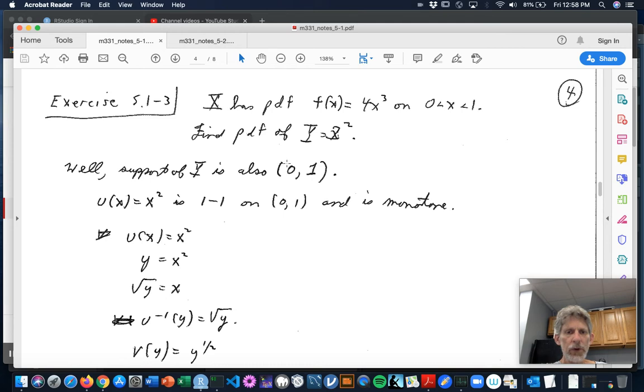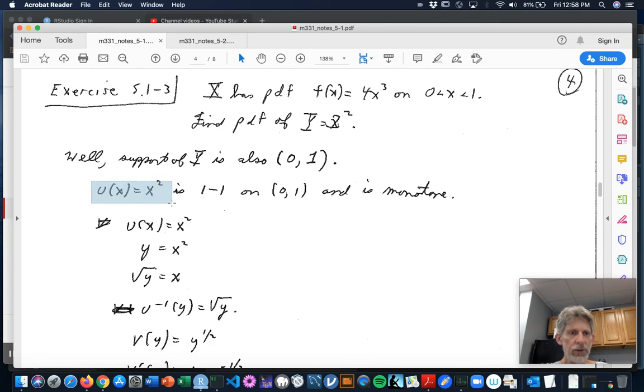So the support of Y would also be everything from 0 to 1. When you square something between 0 and 1, you still come out with something between 0 and 1. It's always good to first think about what would be the support of your transformation.